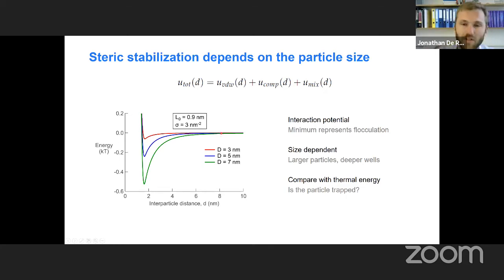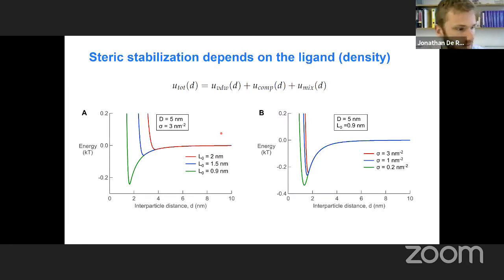Okay, let's look at a bit of the other variables. Here, we have a fixed nanocrystal diameter, 5 nanometers, fixed ligand coverage, but we're changing the length of the ligand. And you see for about a 1 nanometer long ligand, you have quite a deep potential well, but the longer your ligands become, the more shallow that potential well becomes.